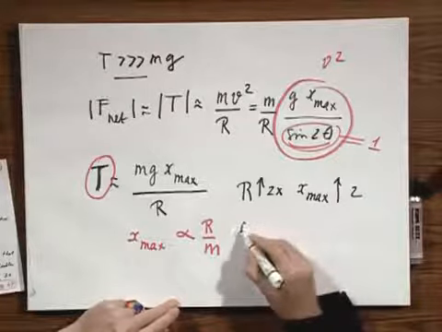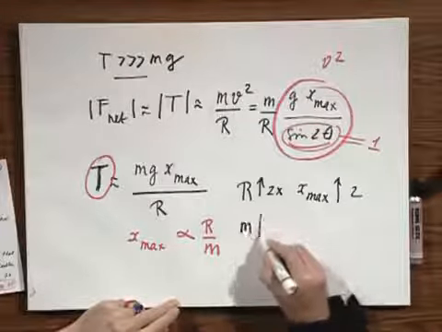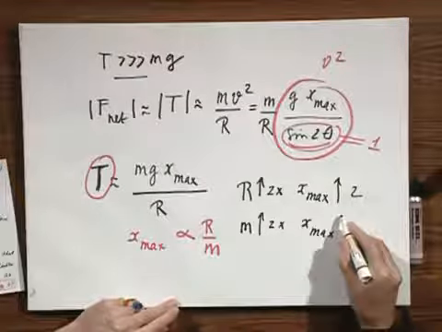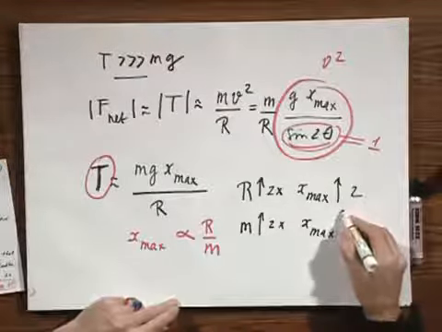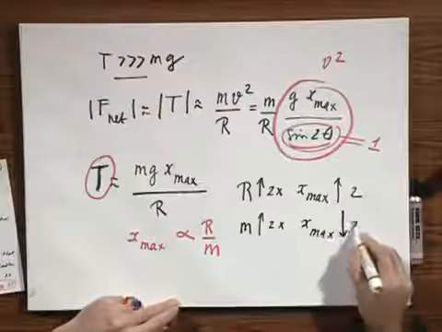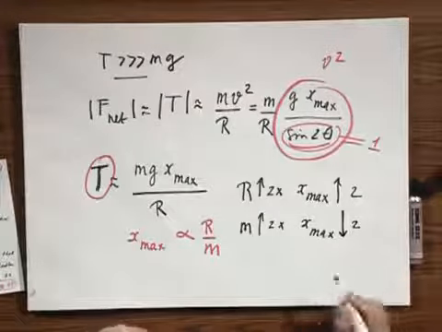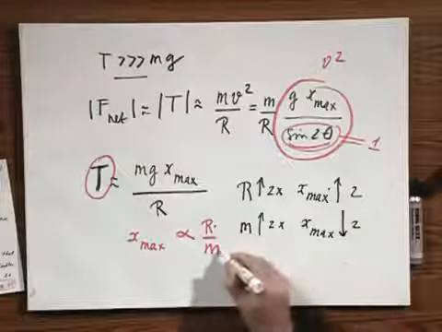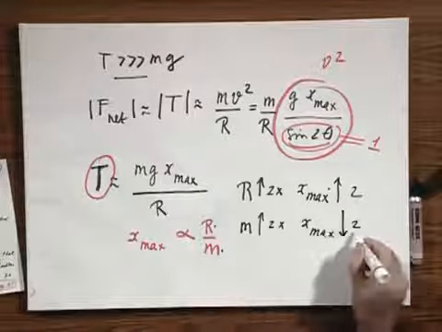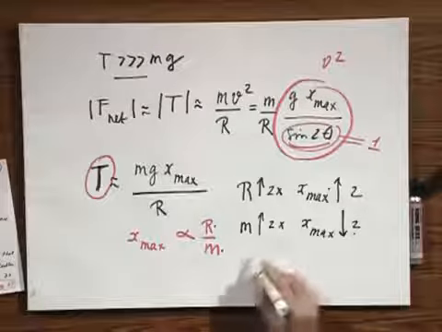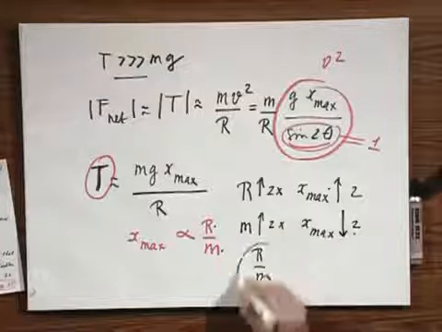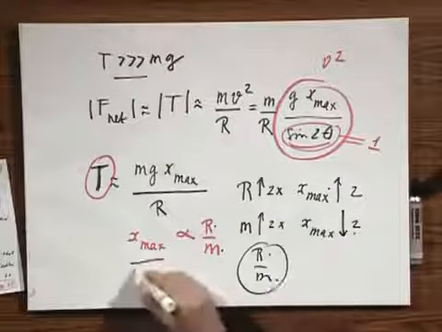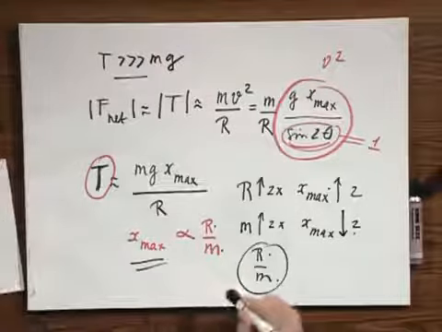And if you double M, x max will go down by a factor of 2. So, larger R, larger x max; larger M, smaller x max. And if you keep R over M constant, for instance, you make this one double and you make this one double, that will have no impact on x max.